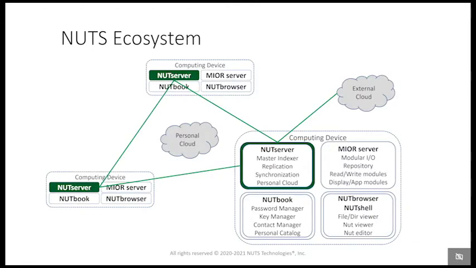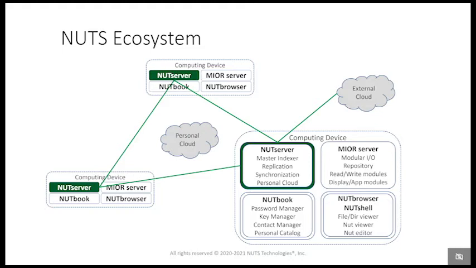So this is what the NUTS ecosystem kind of looks like. Every computing device will have, in the beginning, four core applications called NUTbook, NUT server, the MEOR server, and the NUT browser. We don't have time to go over every one of these, but the MEOR is a modular I/O repository.